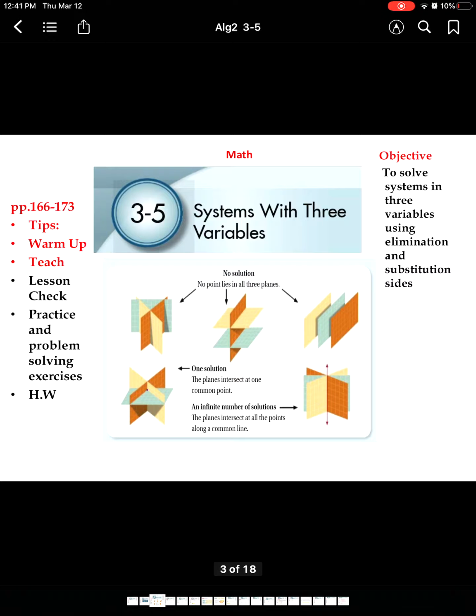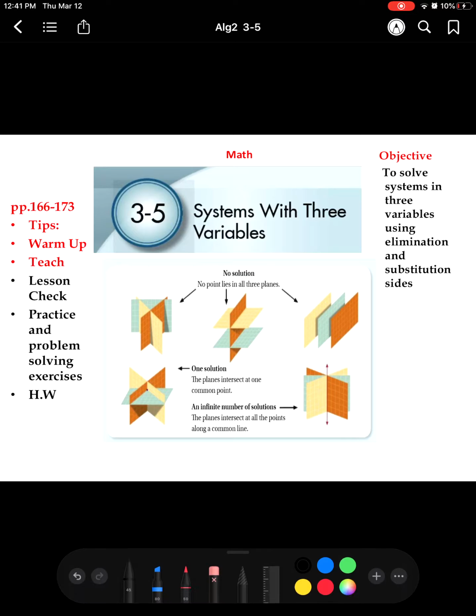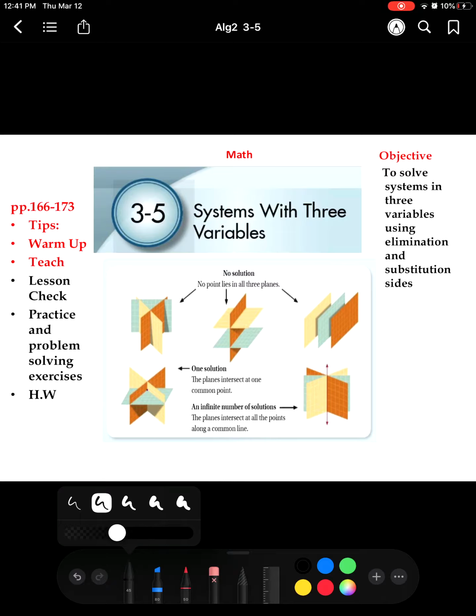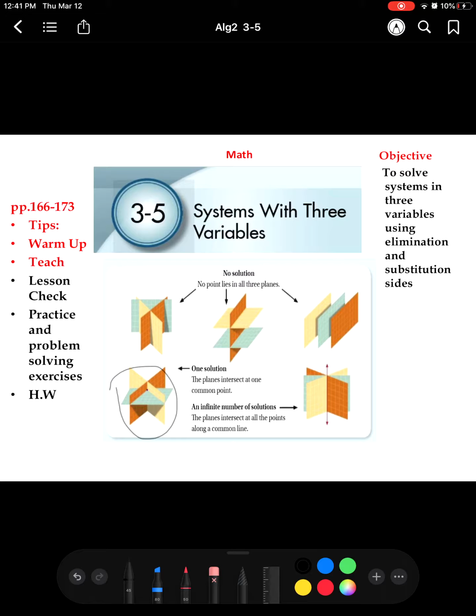If you look at those 3 figures, my system doesn't have any solution if any of the planes doesn't intersect with the other 2 planes at the same point. So if you can see from the figure here, the 3 planes intersect in a point, so I say one solution.